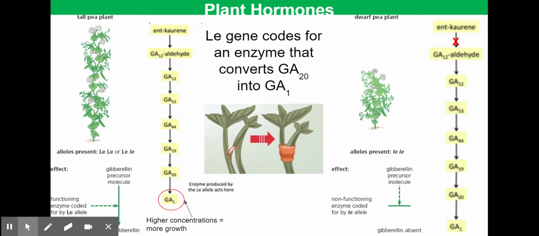What then happened is a graft was taken from a shoot of a non-dwarf plant, so a wild-type plant, onto this dwarf variety, homozygous recessive for the LE gene. And the resultant plant then grew taller. So there was more growth. Again, just showing how gibberellin acts to increase growth.